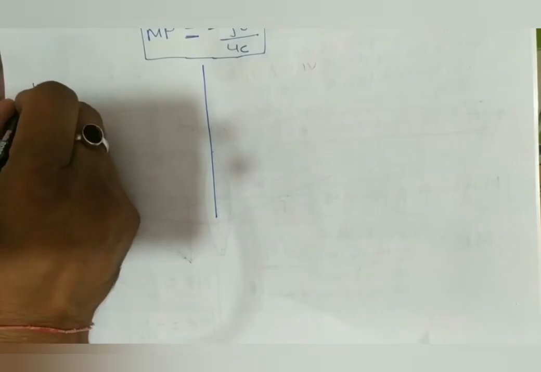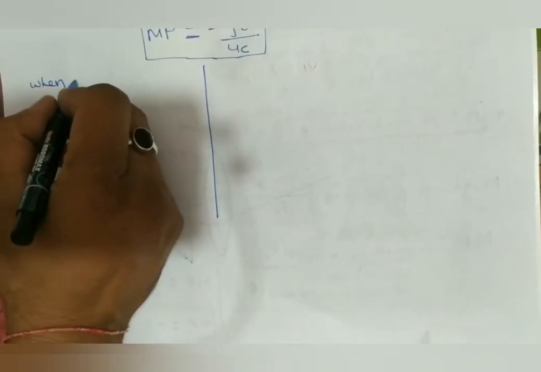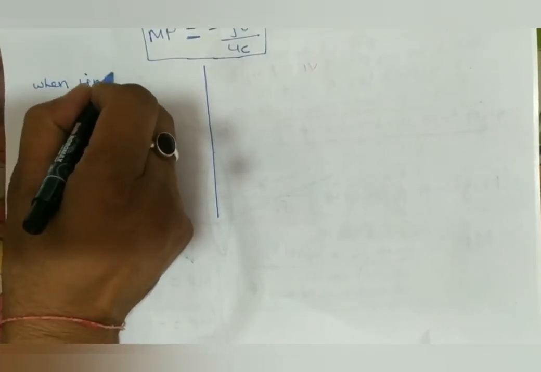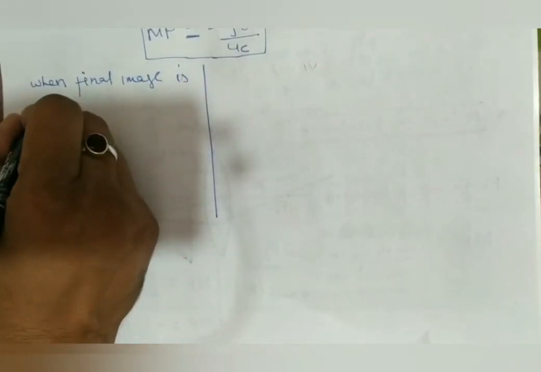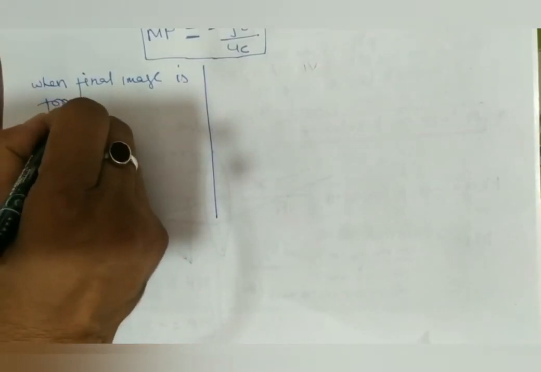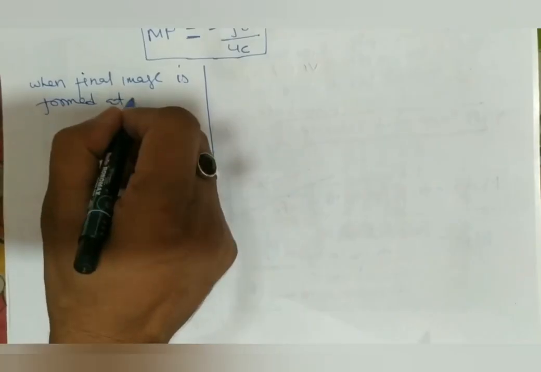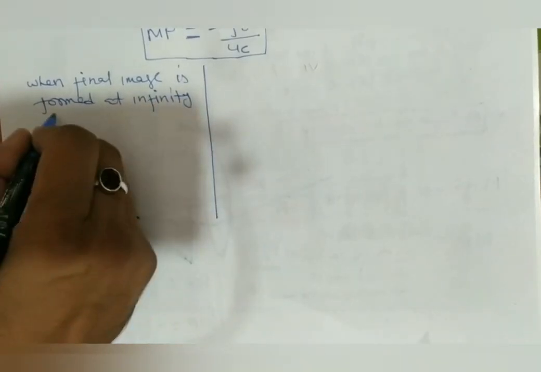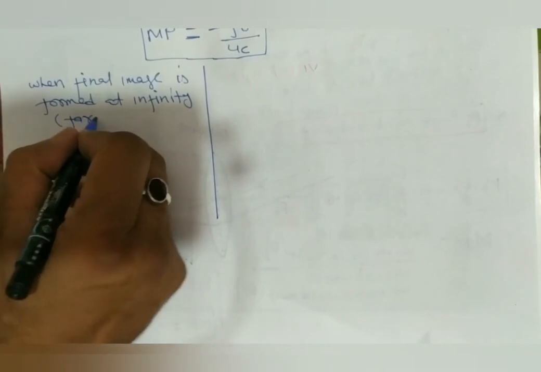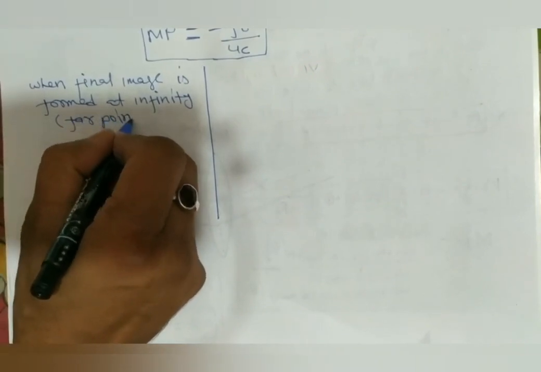First case, when the final image is formed at infinity. This case is called the far point case.